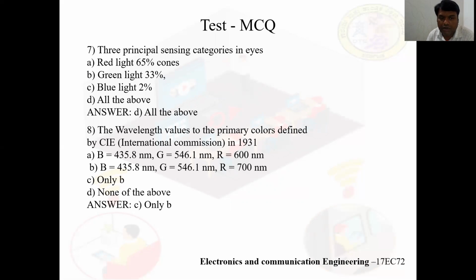C, only B. D, none of the above. So the answer is B: blue is 435.8 nanometers, green 546.1 nanometers, red is 700 nanometers.